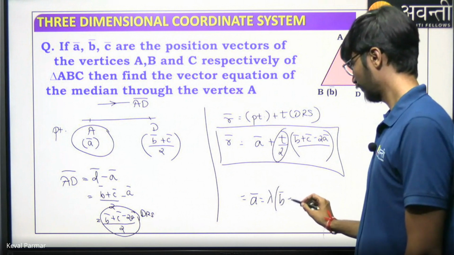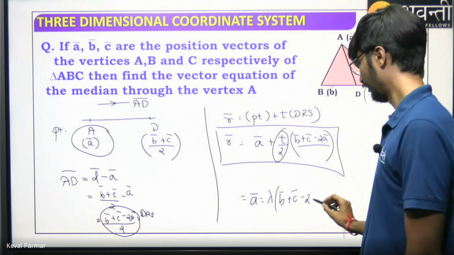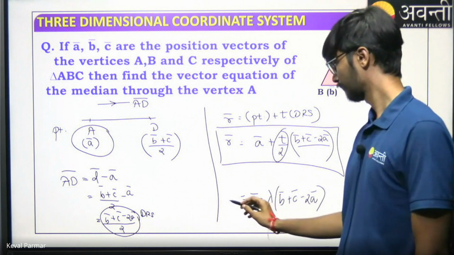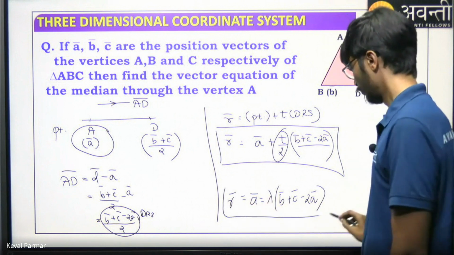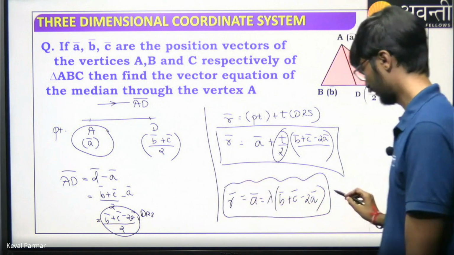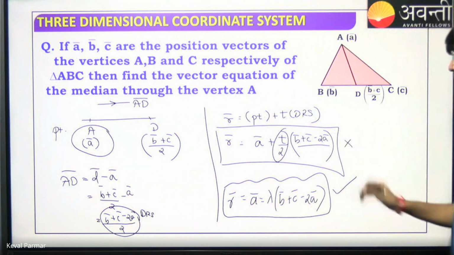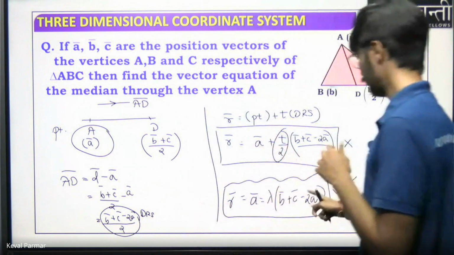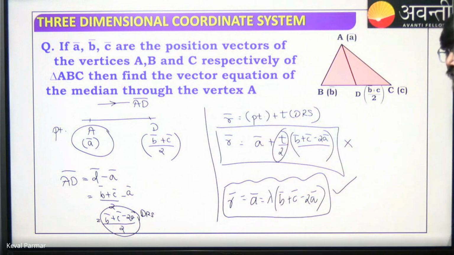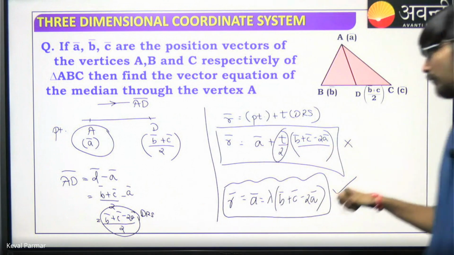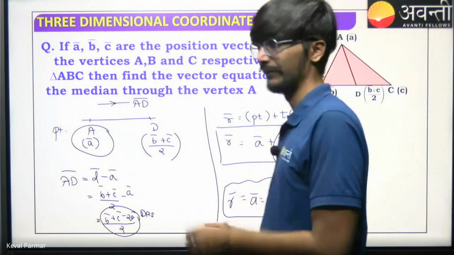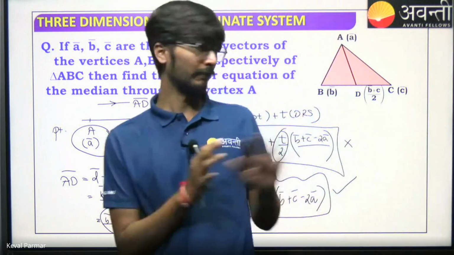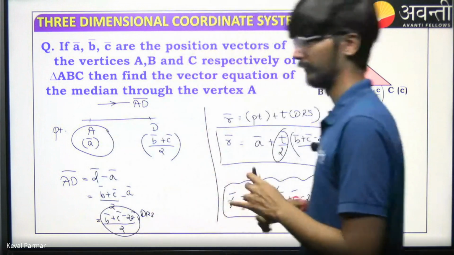So you may find this answer, and you may not find the above answer if options are provided, because this 1 by 2 can be absorbed into lambda with t. So you might see this answer instead of the above answer. Got it, guys? Let's see the next question.